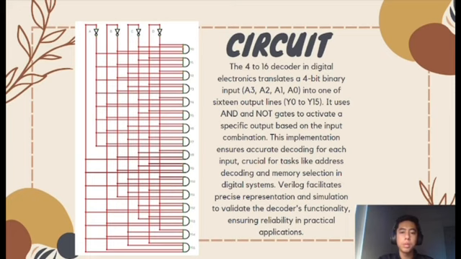This implementation ensures accurate decoding for each input, crucial for tasks like address decoding and memory selection in digital systems. Verilog facilitates precise representation and simulation to validate the decoder's functionality, ensuring reliability in practical applications.